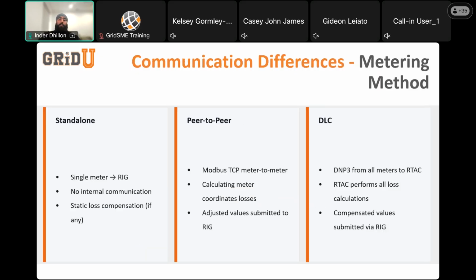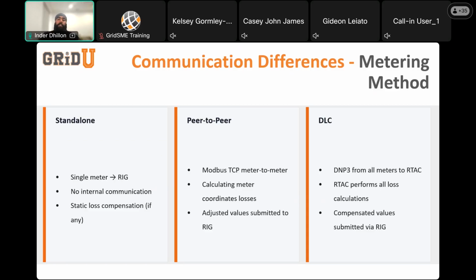And this slide summarizes the communication differences between the three metering methods we discussed. In a standalone configuration, a single meter reports directly to the RIG. No internal meter communication is required. In a peer-to-peer system, the resource meter and calculating meter exchange data over Modbus TCP. Each resource meter submits its own corrected value to the RIG.